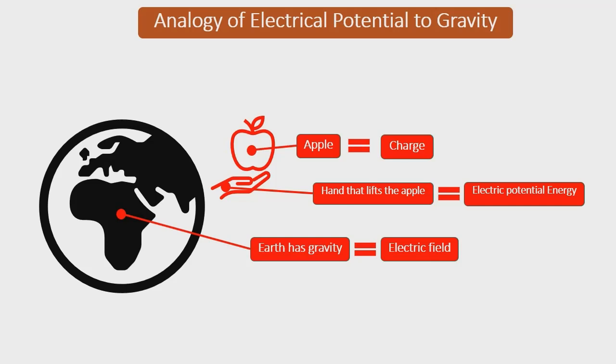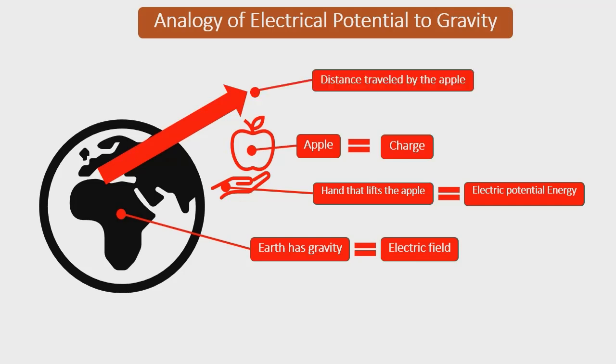So that is the energy that will carry that charge in that particular electric field. And so the difference between the original position and the new position will be the distance traveled by that apple, which is also analogous to our electrical potential difference, and that height is now called voltage.